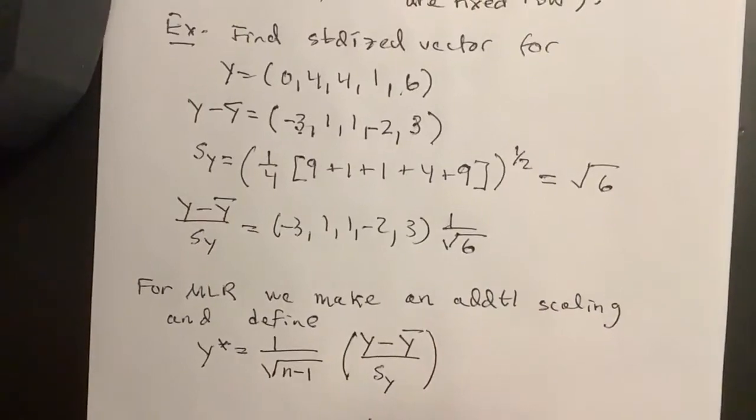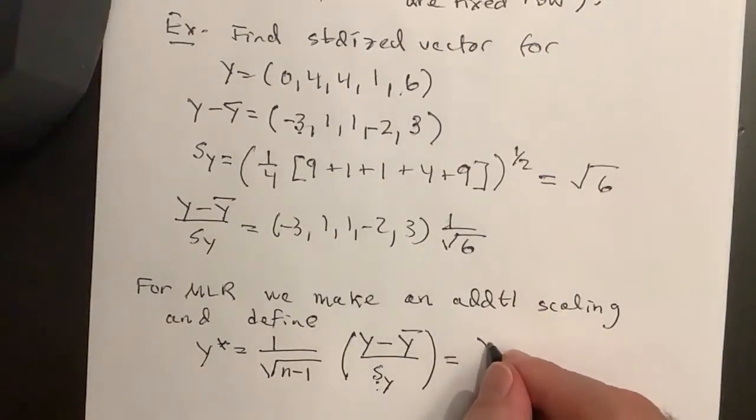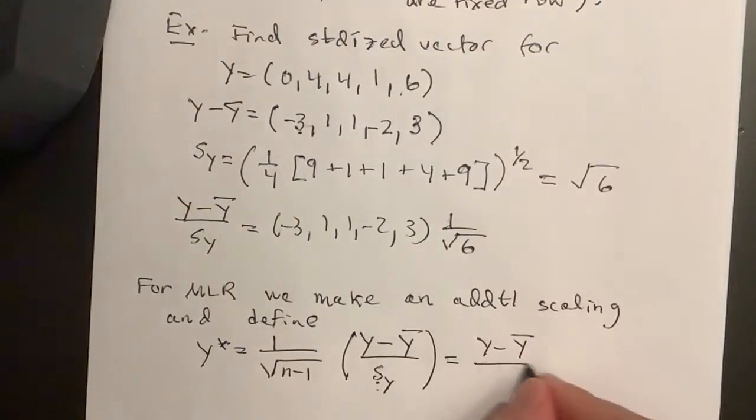But now I multiply by 1 over the square root of n minus 1. And actually, if I do that, the square root of n minus 1 multiplies sy, and it cancels out the square root of n minus 1 in the denominator there. So this is equal to y minus y bar over the square root of the sum of yi minus y bar squared, 1 to n.